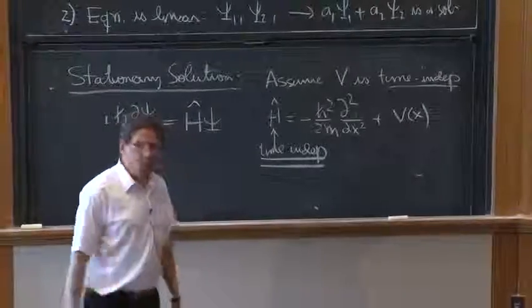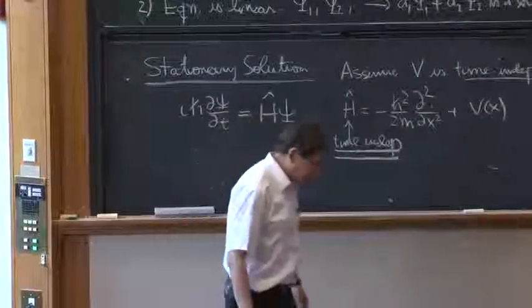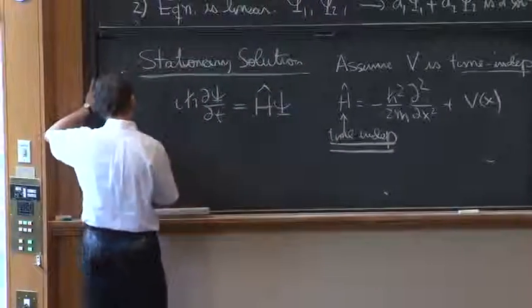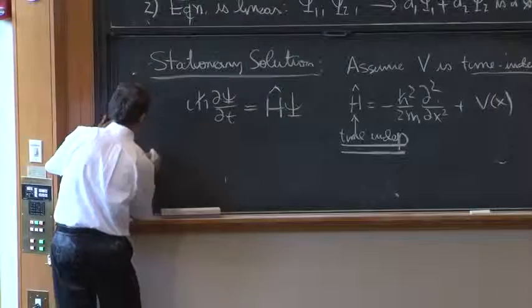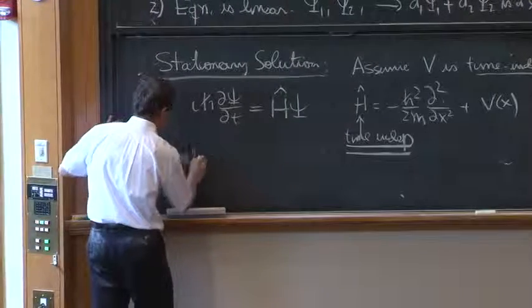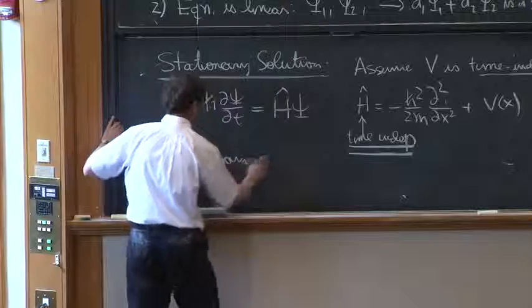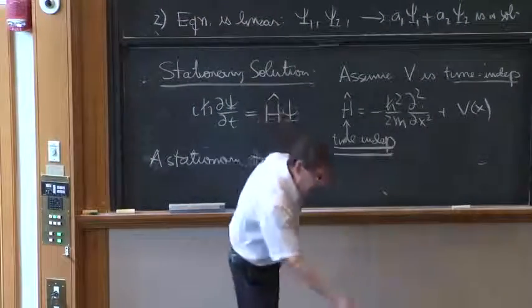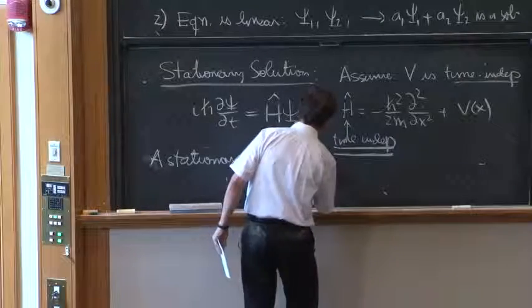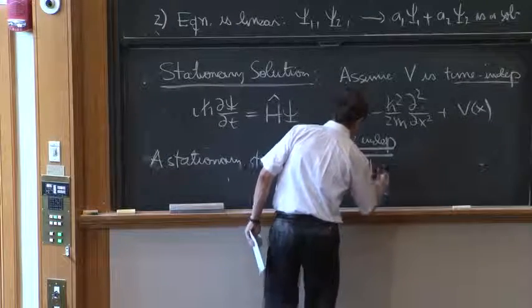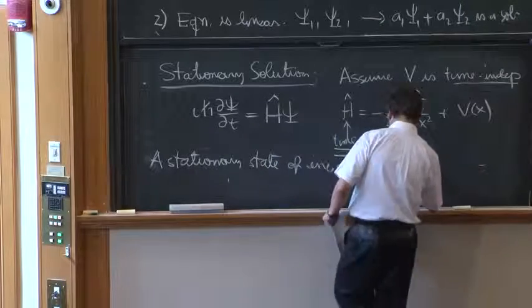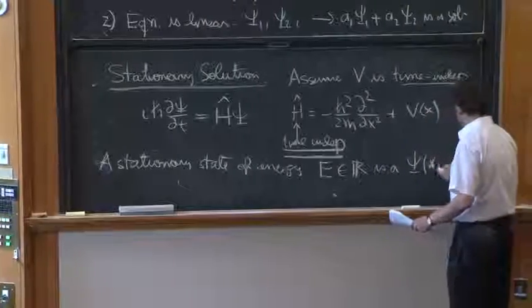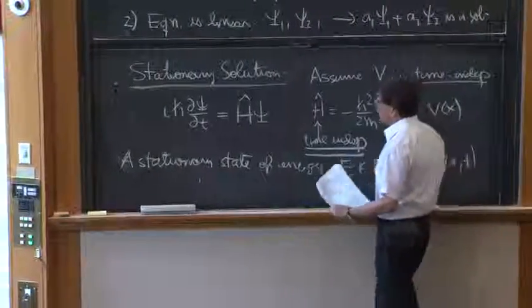So what is a stationary state? The way it's defined is as follows. A stationary state of energy E, which is a real number, is a psi of x and t of the following form.